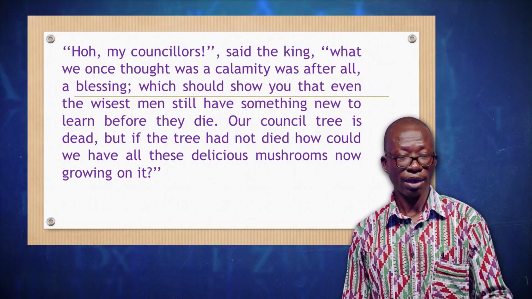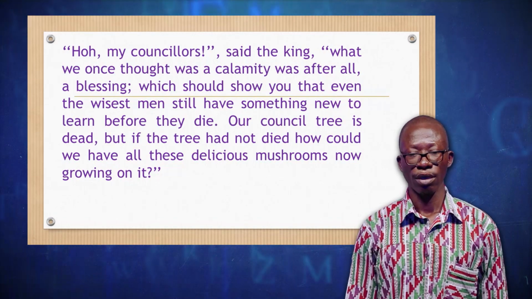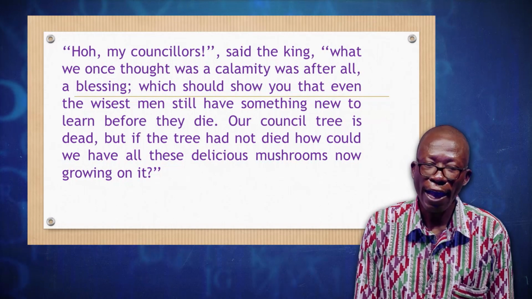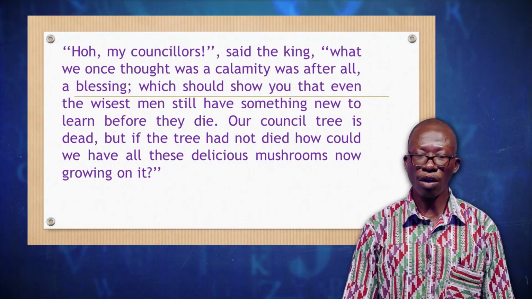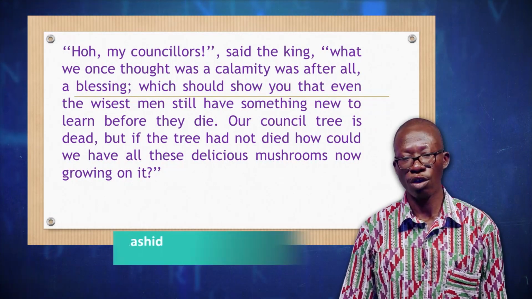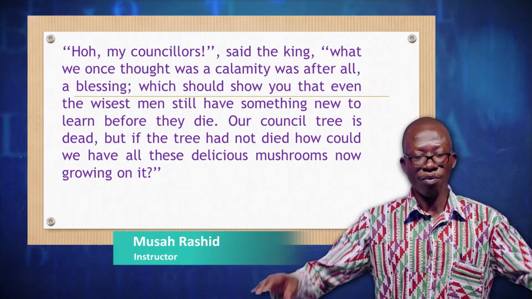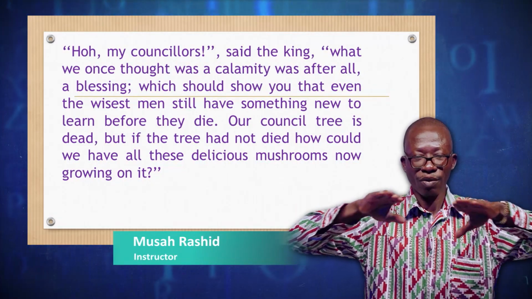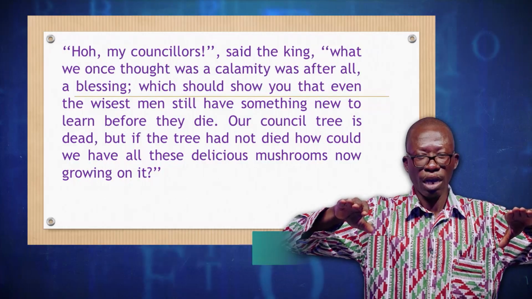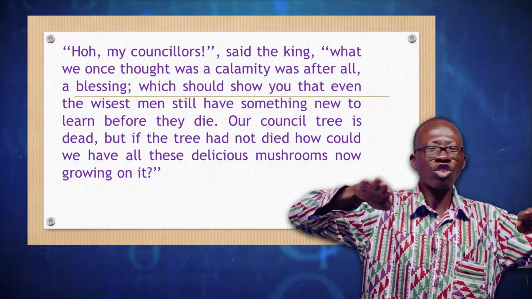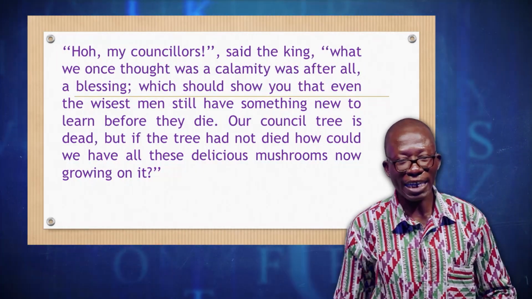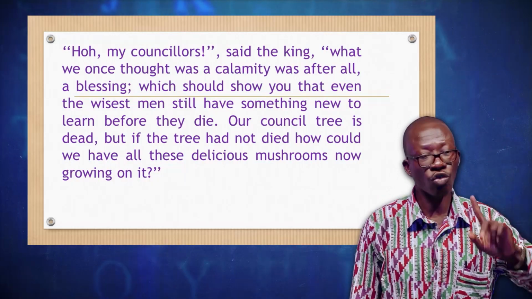So we have our independent clauses to be, our cancer tree is dead, and how could we have all these delicious mushrooms now growing on it? Being of equal ranks. The tree is dead, and because the tree is dead, the result effect of the tree dying is that we have delicious mushrooms growing on it.